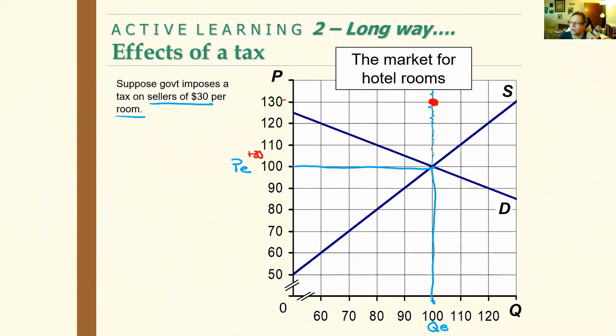Again, I like to get rid of that work because it might confuse you later on when you're trying to find the answers. So I'm going to get rid of those marks, but keep that reference point. Now what I'm going to do is shift the supply curve inward, or up, so that it stays parallel to itself but passes through the reference point.